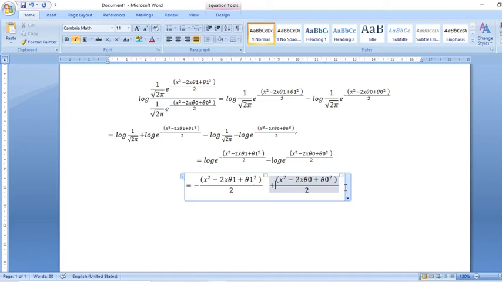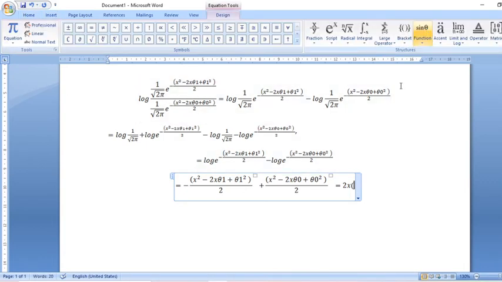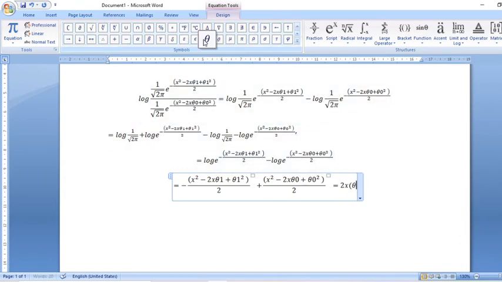So you can write like this is equal to, here we have 2x theta 1 and here minus 2x theta 1. So 2x we can take outside and theta 1 minus theta naught.